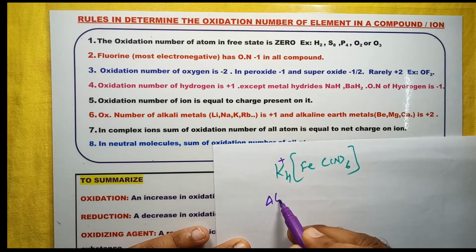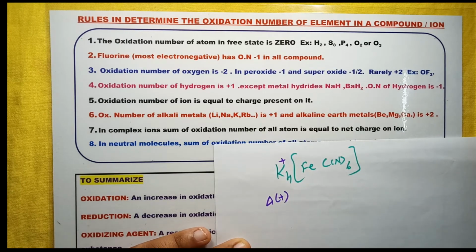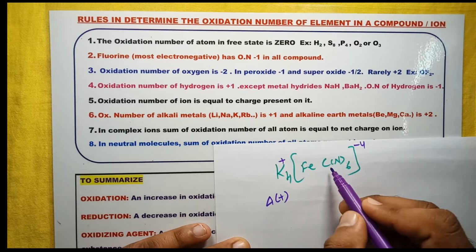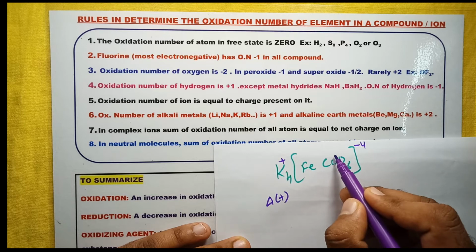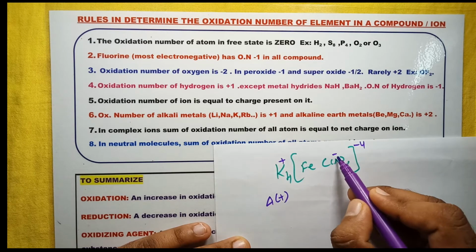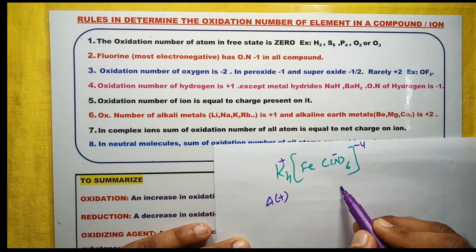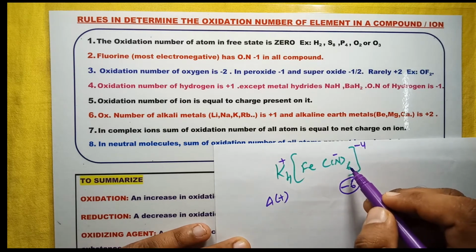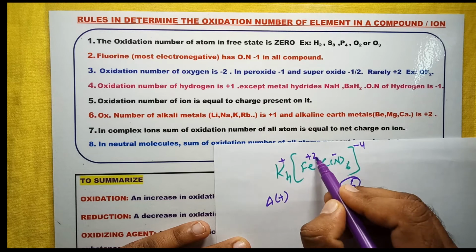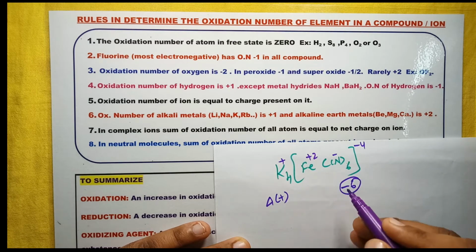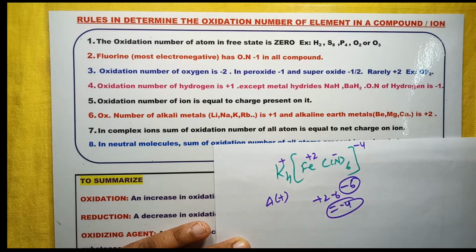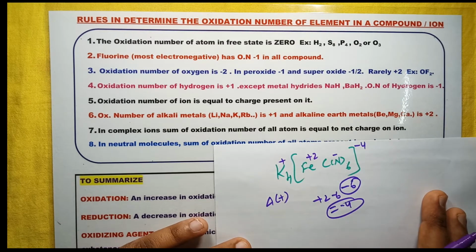There are 4 positive charges outside the coordination sphere, so we have to balance it by -4. Within the coordination sphere, CN- is a ligand, it is a minus charge. How many minus charges are there? 6 minus. Out of 6, 4 go to balance the outside charge, so iron exists as +2 oxidation state. So +2 - 6, we get -4. Is it clear?